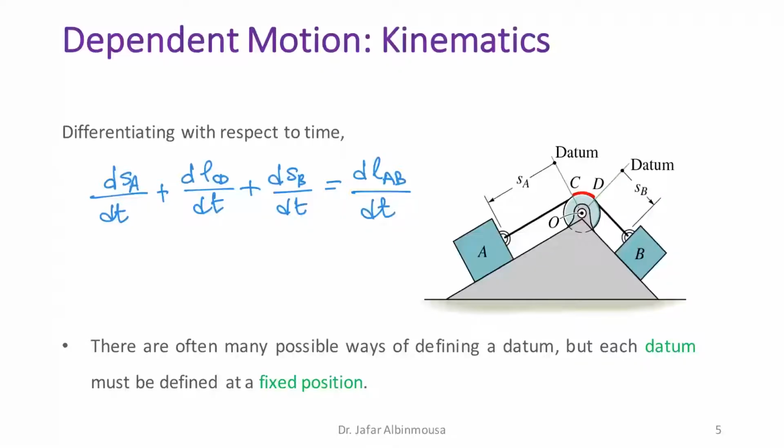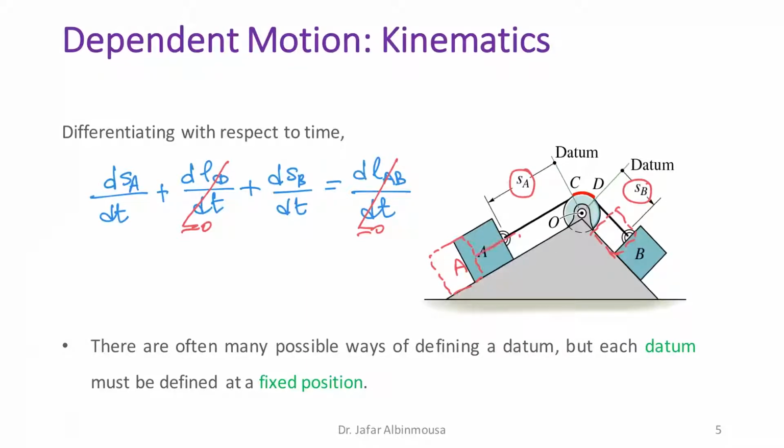Now, clearly here, this term is equal to 0. And this one is also equal to 0. And the reason why is that this length will never change. Even if block A moved all the way to here, and block B moved all the way to here. Yes, the length SB and the length SA will change.